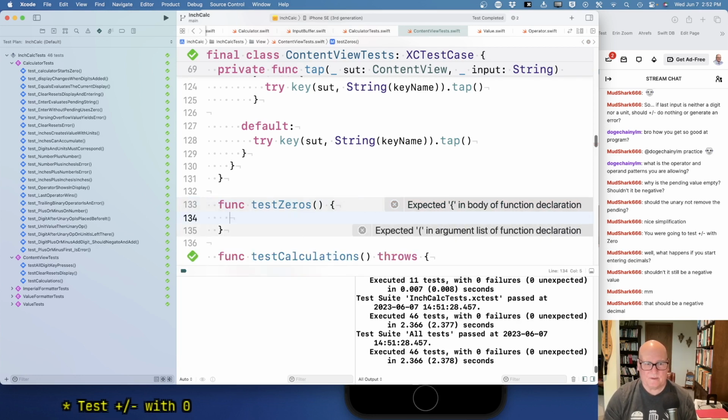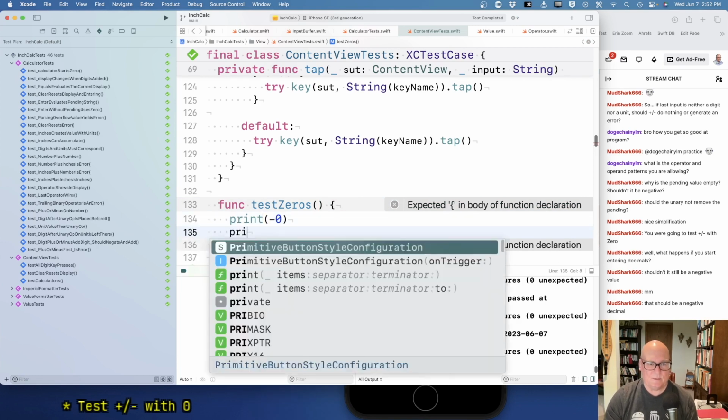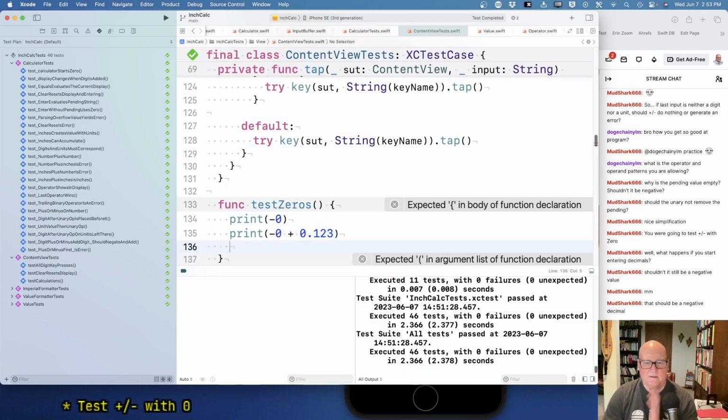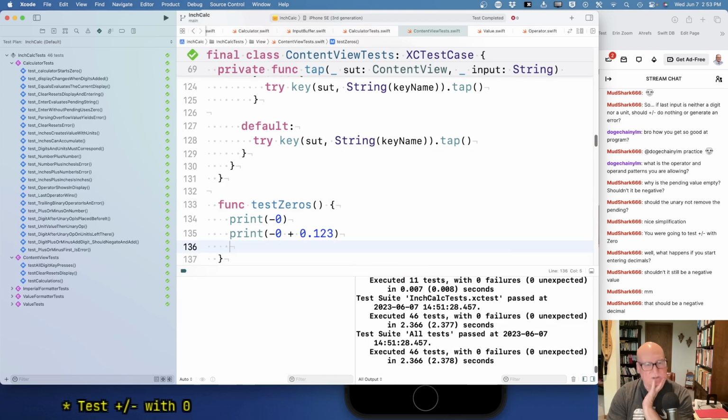Okay, let's just print -0. Print -0 plus 0.123. I don't know what's a case that would be funny. Well, let's start there.